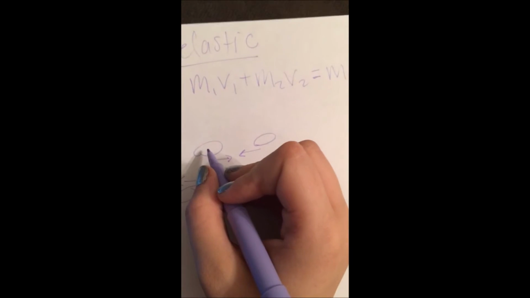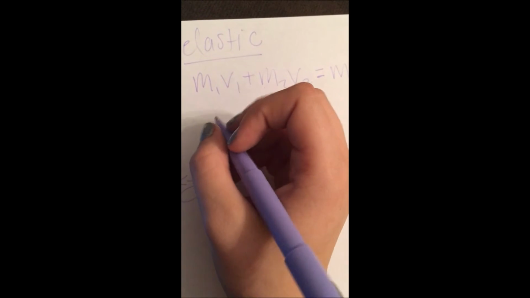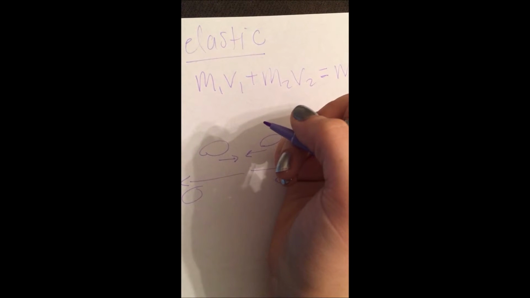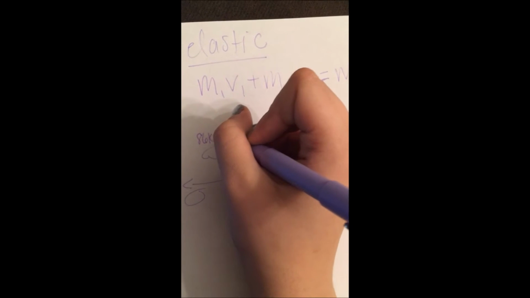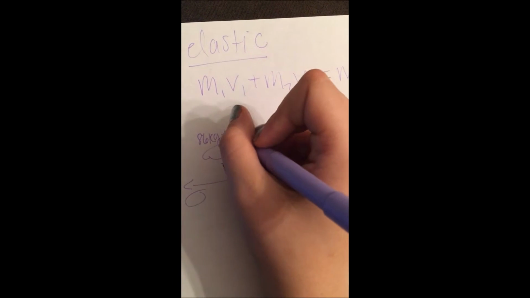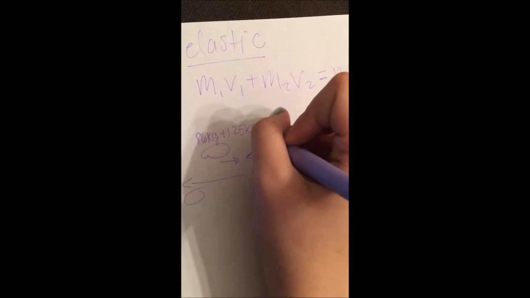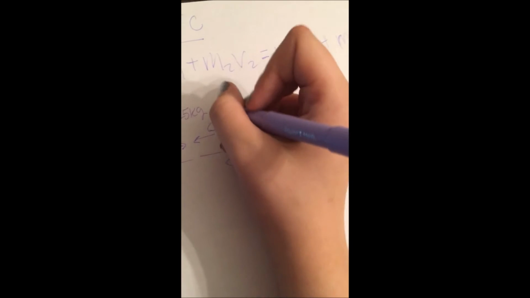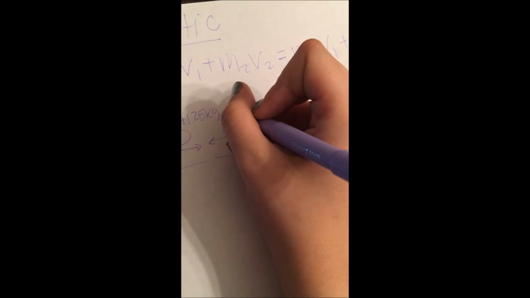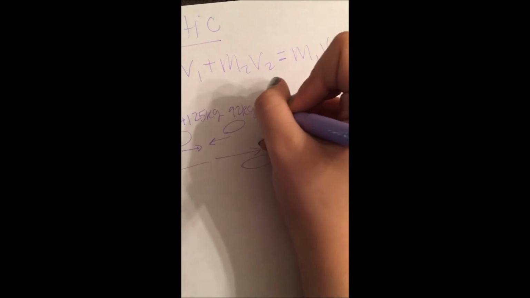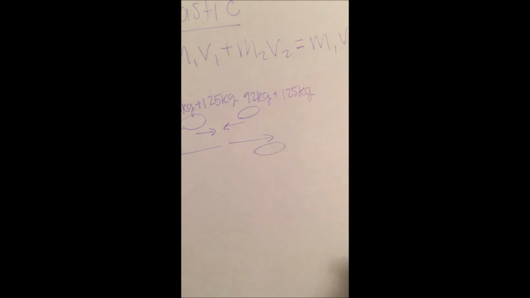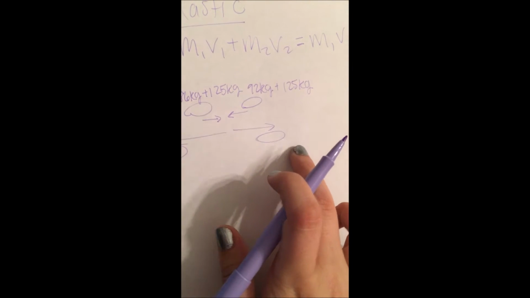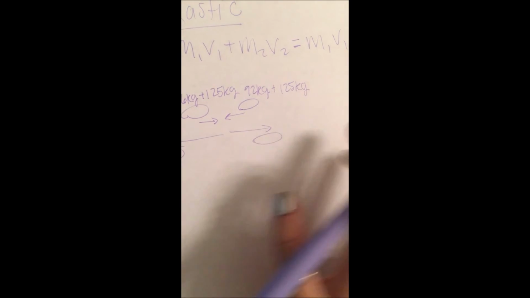The first mass is the first person in the bumper car, an 86 kilogram person plus a 125 kilogram go-kart. Then we have this person who is 92 kilograms plus his 125 kilogram cart. The masses stay the same in both times of the collision.